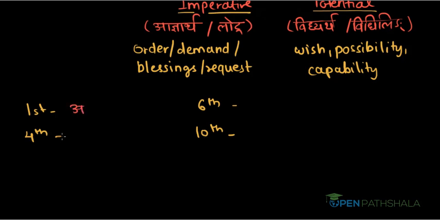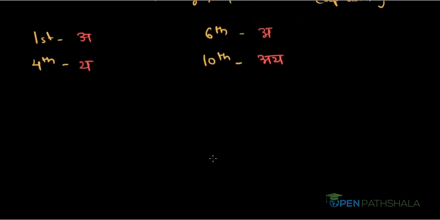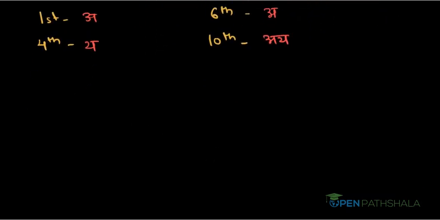A is vikarana pratyaya of first group, ya is of fourth, again a is of sixth and aya is of 10th group. Now let us see how to form imperative mood.